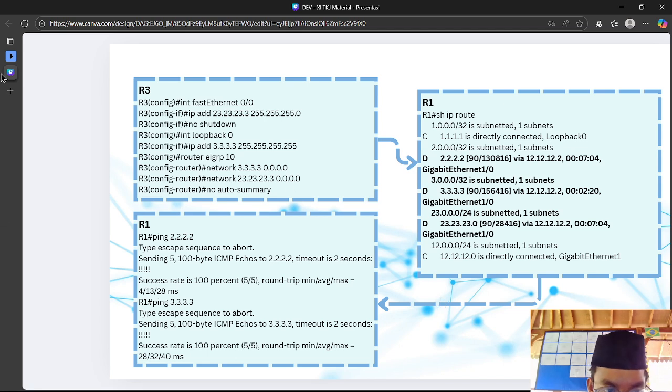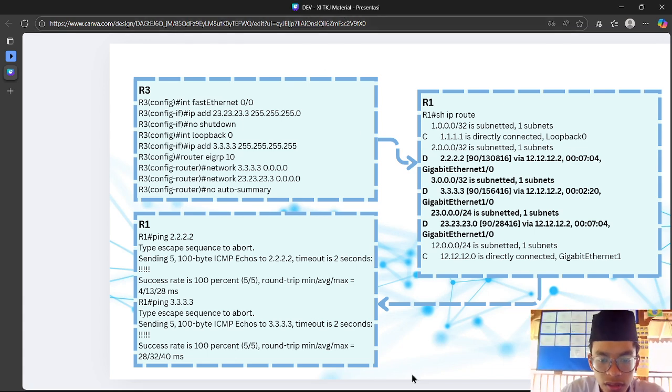Then the next slide is the configuration in router 3. It is the same as the configuration from router 1 and router 2, like interface 0/0, then the IP address, no shutdown, and loopback. But in router EIGRP in router 3, the network is 3.3.3.3 and 23.23.23.